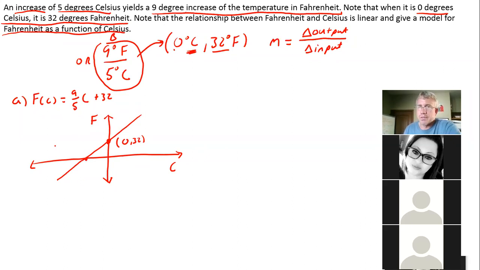So there's more than one reason for finding and interpreting the intercepts. Sometimes the intercept tells you something about the domain and range. Sometimes the intercepts do not tell you anything about what the domain and range of the model should be. Sometimes one of the intercepts will tell you something about the domain and range of the model.